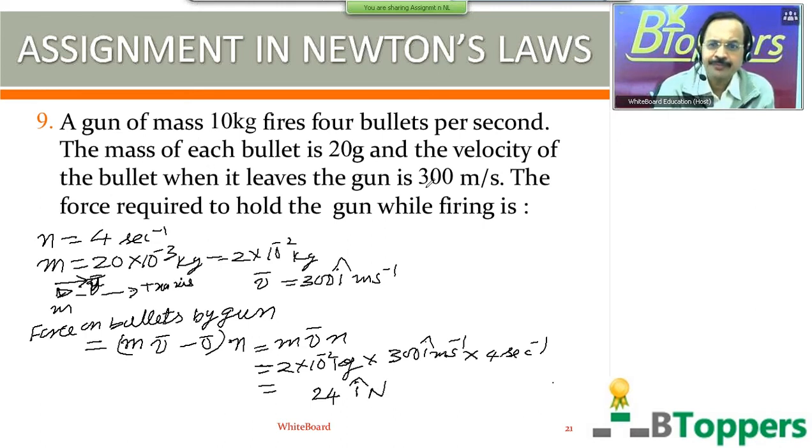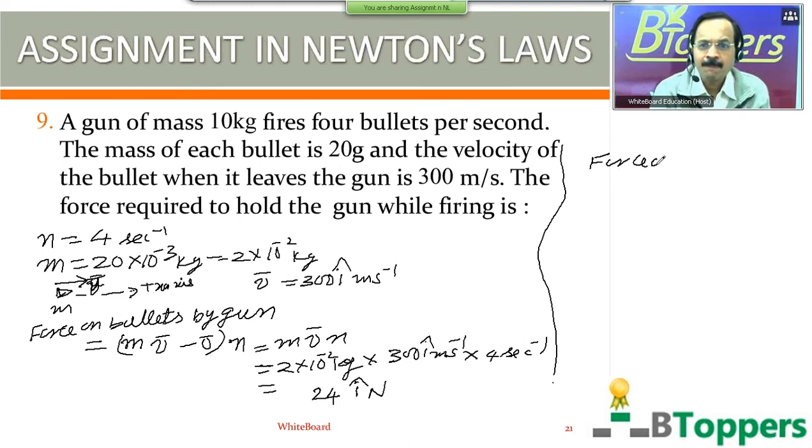So the force exerted on the gun by the bullets will be equal and opposite to the force on the bullets by the gun.